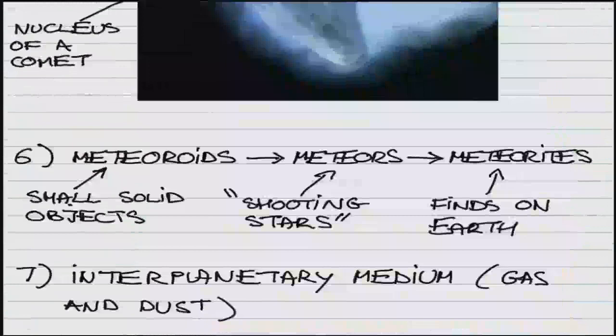So if one of these objects happens to cross the Earth's orbit around the sun and hits the atmosphere, it produces a meteor, or as it's popularly known, a shooting star.